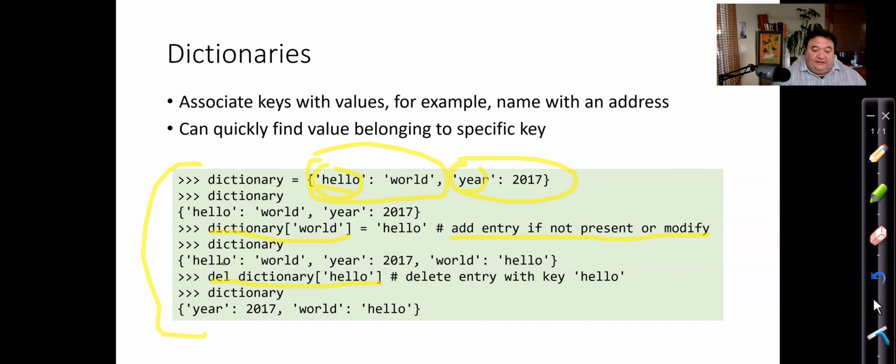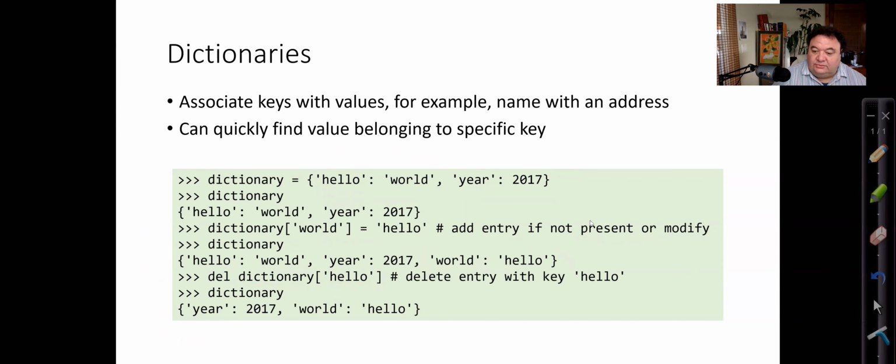So initially we had hello world, year 2017. With this operation, we added the additional element world hello, and those are different from each other. Then we can remove the one that was existing from the beginning, again through the key, and the dictionary gets a little bit shorter.